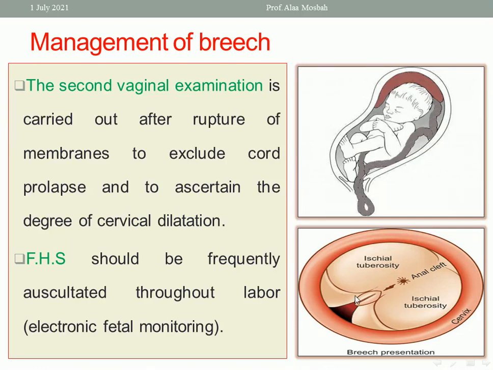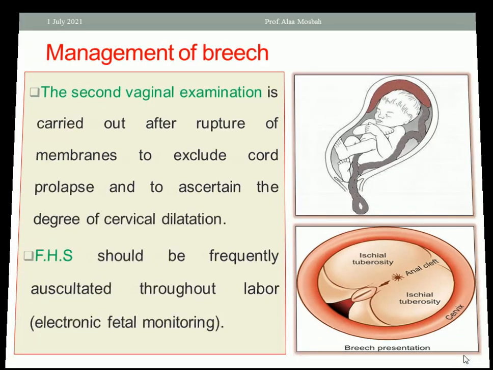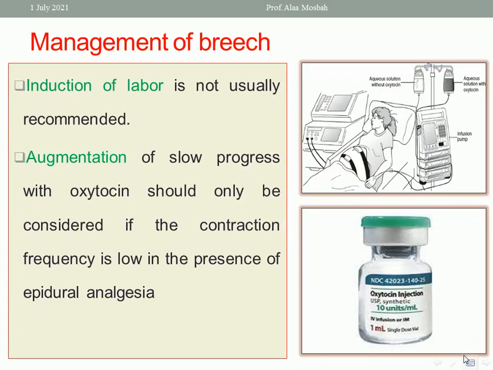Then for the second vaginal examination after rupture of membranes, you should exclude, don't forget, the prolapsed cord and detect how many centimeters the cervical dilatation is. Fetal heart sounds should be frequently auscultated. We recommend electronic fetal monitoring.